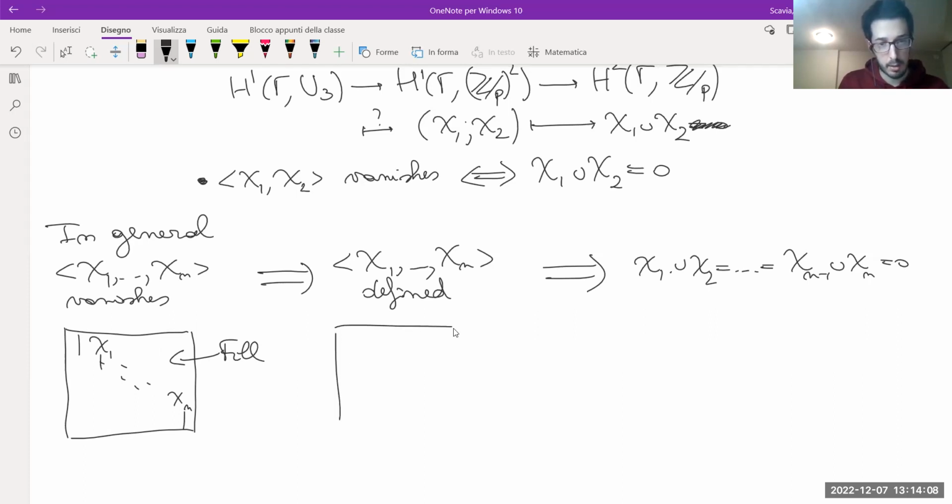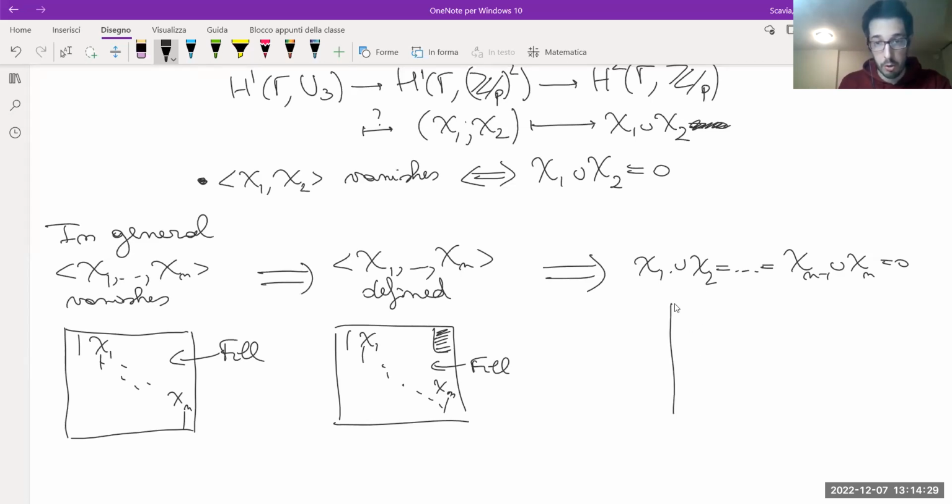And when is it defined? It's defined when we can fill maybe not the whole thing, but if we forget about this square, then we can fill the whole thing and make it into a group homomorphism from Γ to U(n+1) bar.